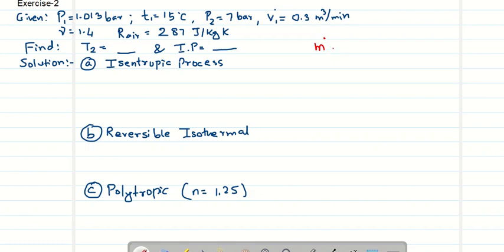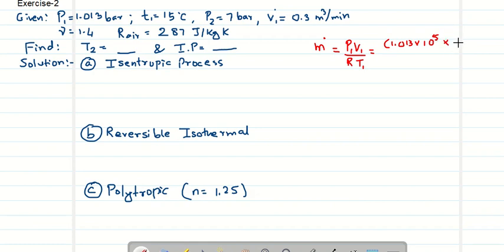Mass flow rate can be easily found by PV over RT. In the problem, he has given us pressure 1, volumetric flow rate, and the temperature. So I am going to substitute pressure 1.013 multiply by 10 power 5 because I will take the value for R in joule.